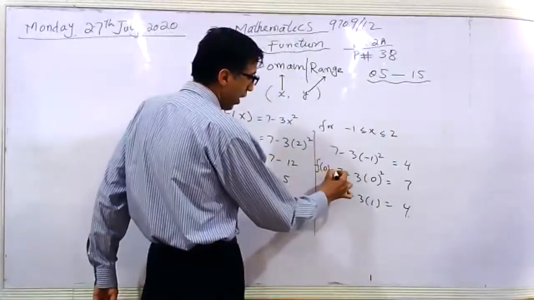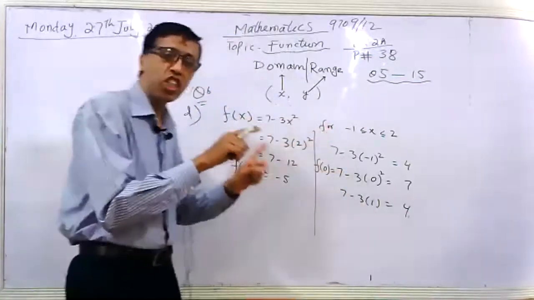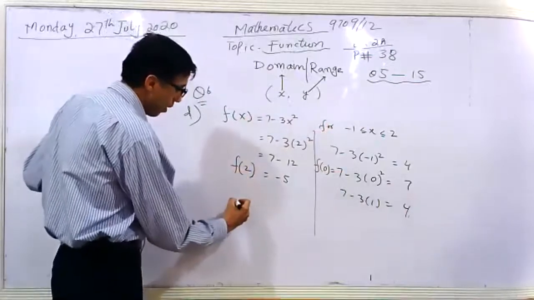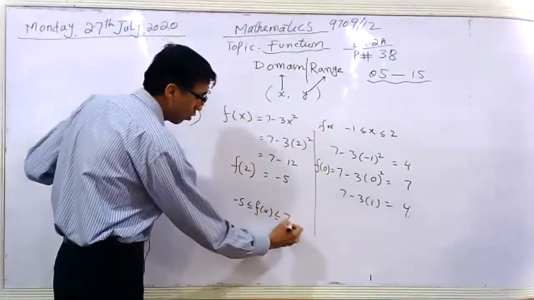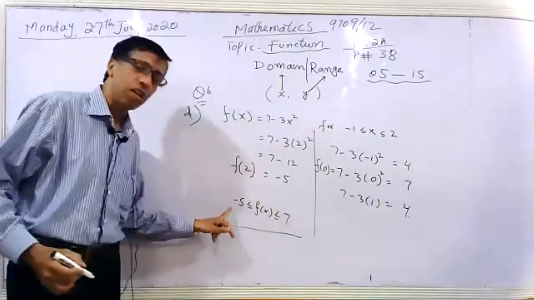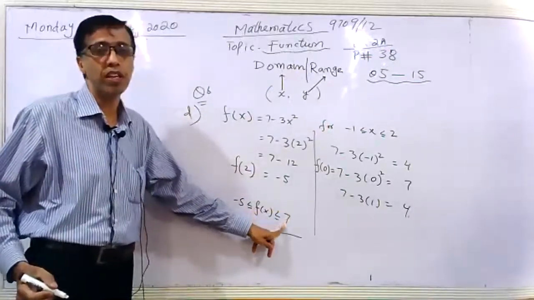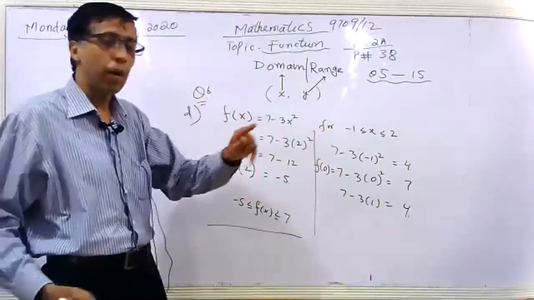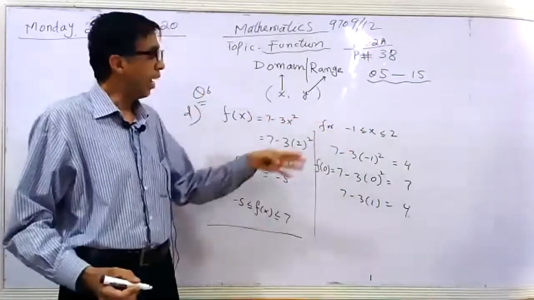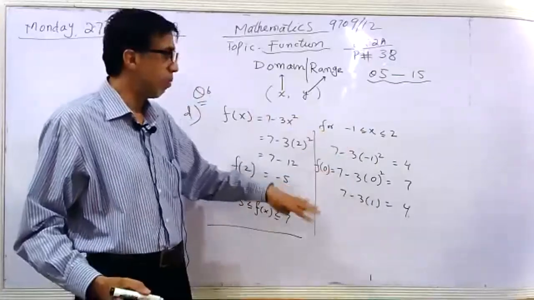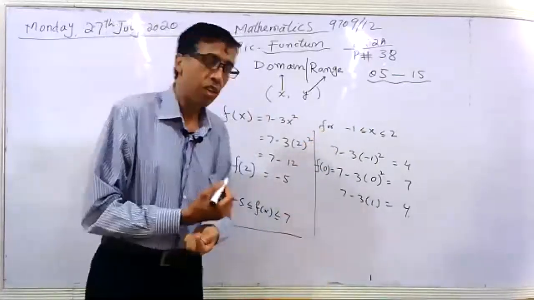So the way of writing the range answer is minus 5 less than or equal to f of x less than or equal to 7. Here always comes the minimum value, here always comes the maximum value, and you will have to check this by putting the domain in this equation, and you will come to know where the maximum value goes and where the minimum value comes.